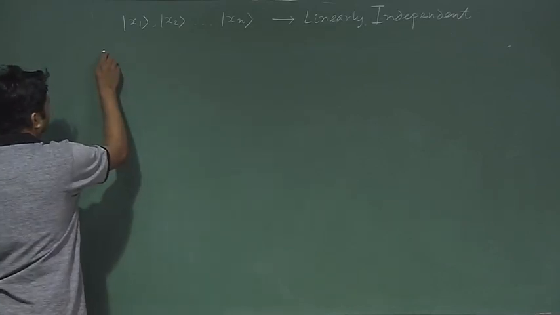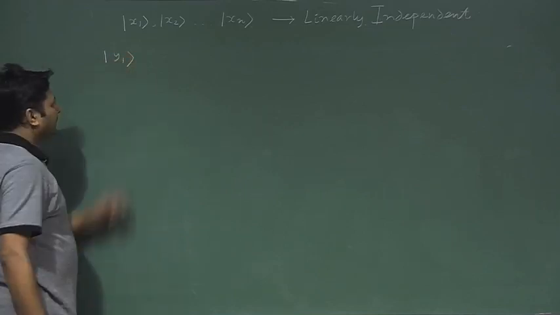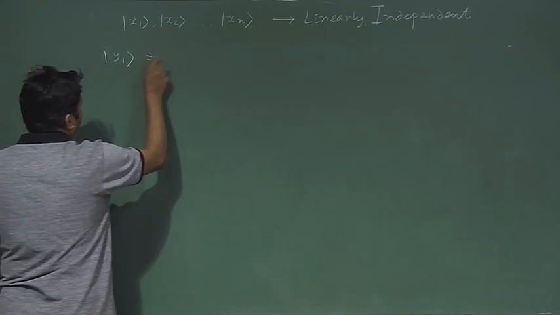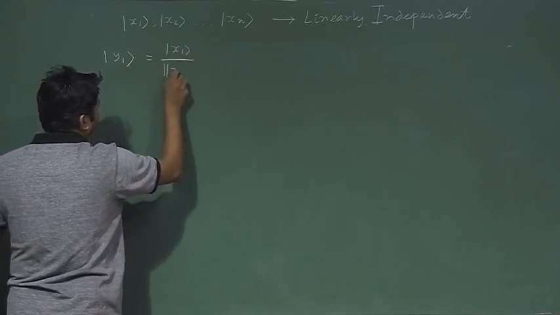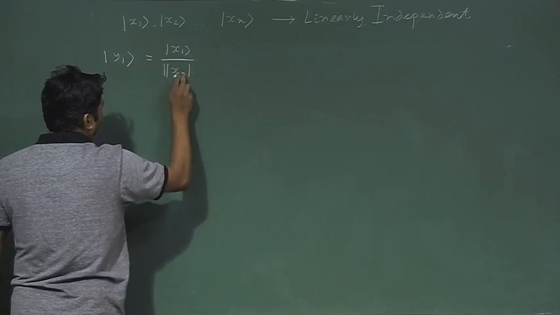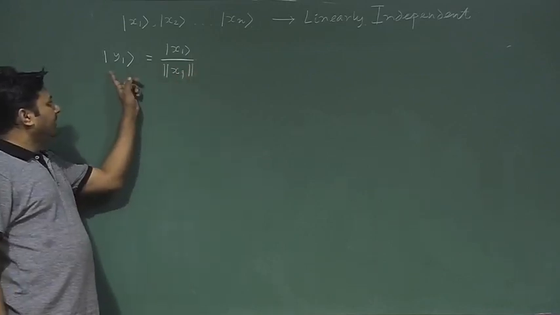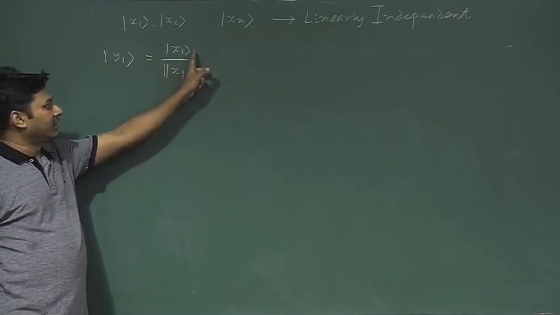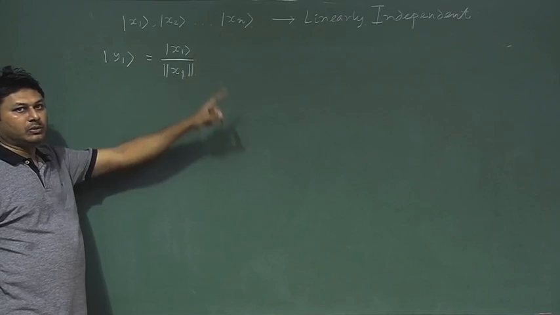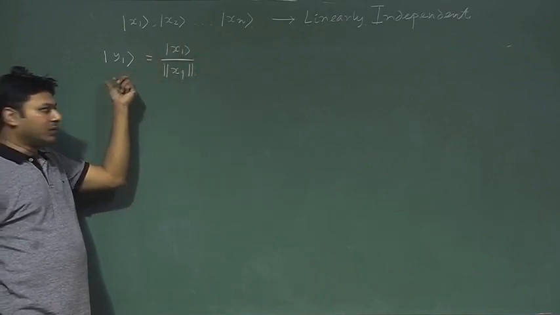Let me do that in this way. First I choose y1 in the direction of x1 and divide that by the norm of this vector. If I do that, then readily y1 is a unit vector along the direction x1, no problem with that. The right hand side is known, so I can automatically generate my y1.